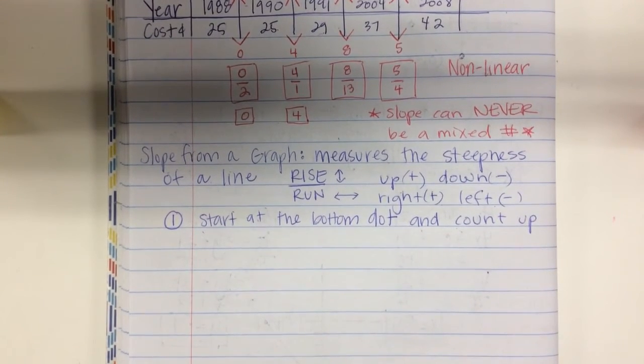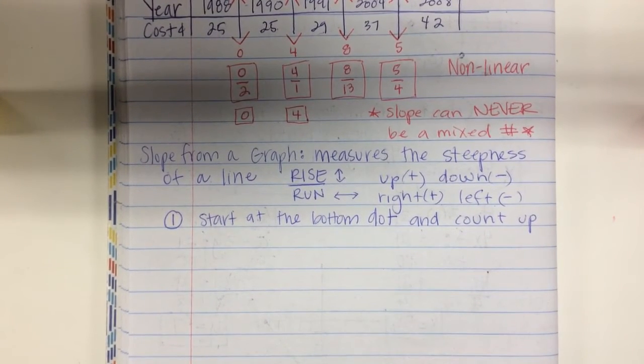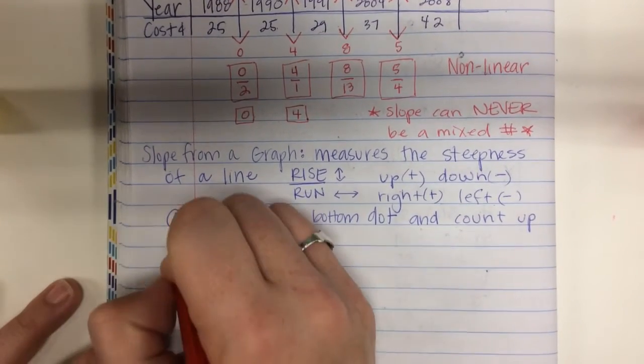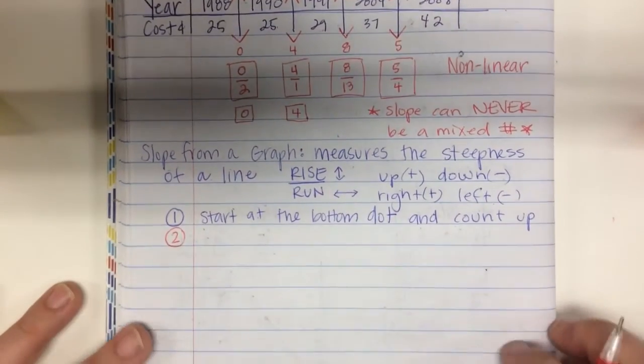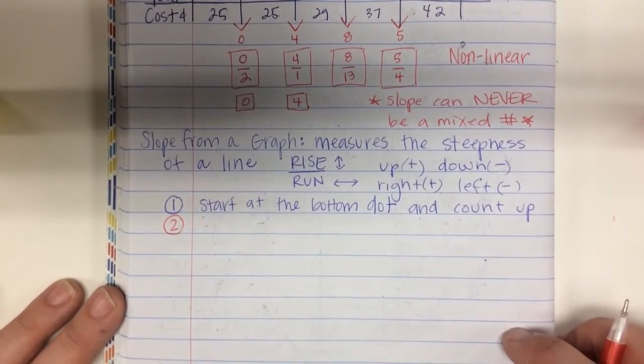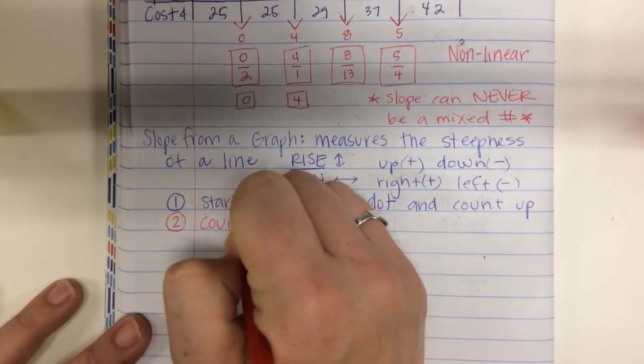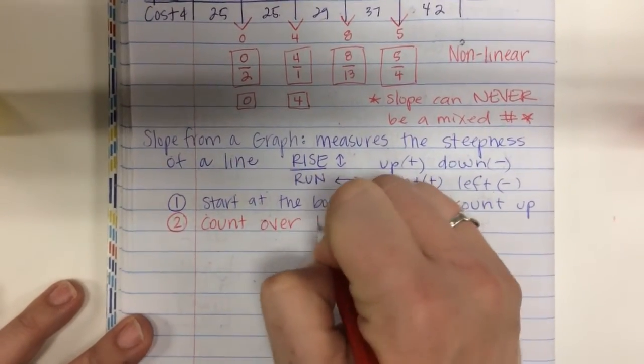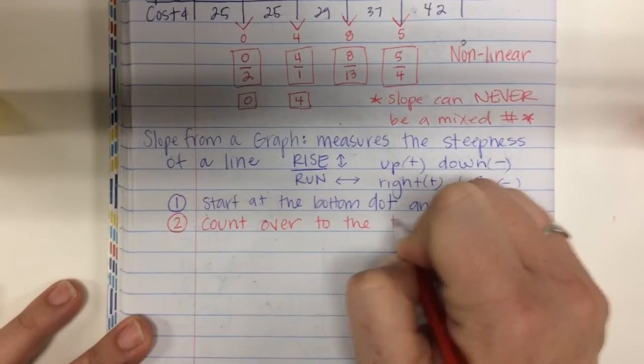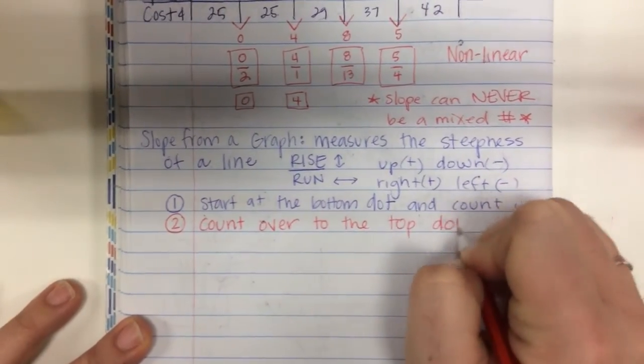Start at the bottom dot and count up. Number 2. Count over to the top dot.